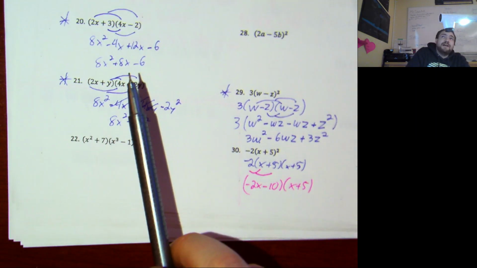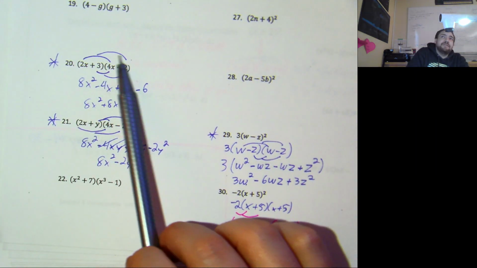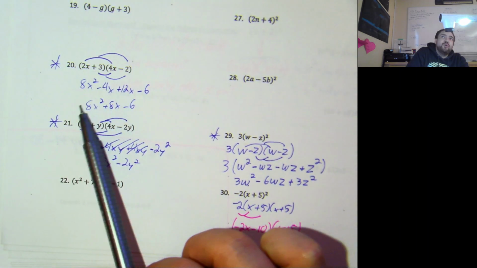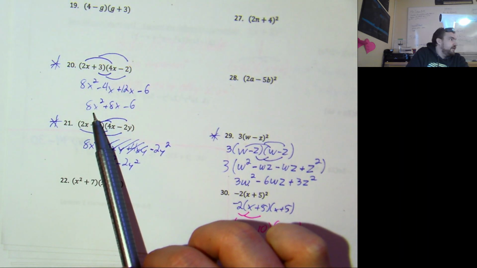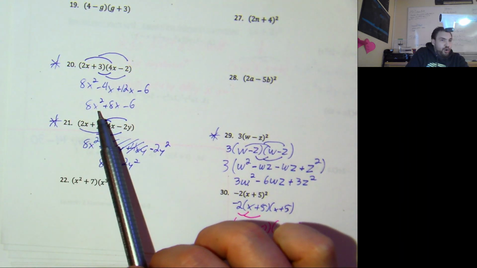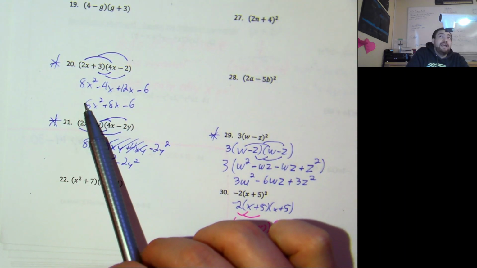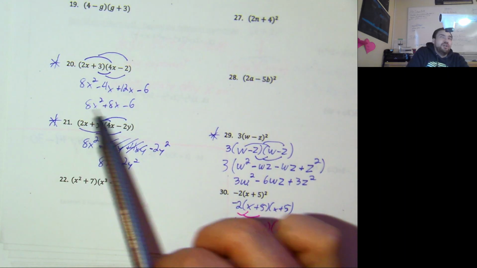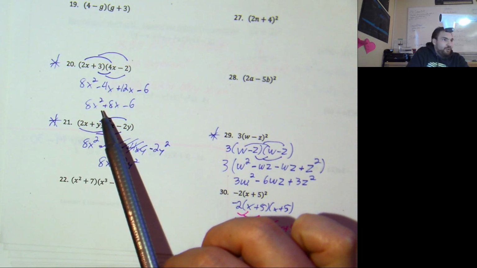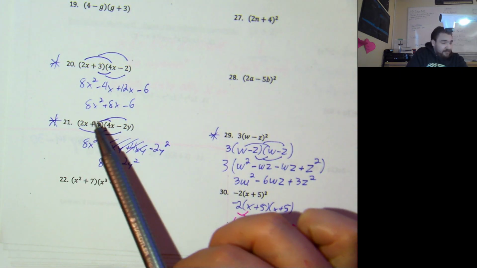What did we get when we multiplied something like this together? We got a quadratic trinomial. This one isn't simple because that coefficient's not a 1. But we got something that looks like what we're trying to rip apart today.